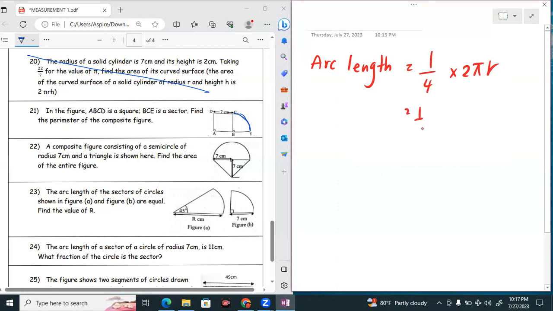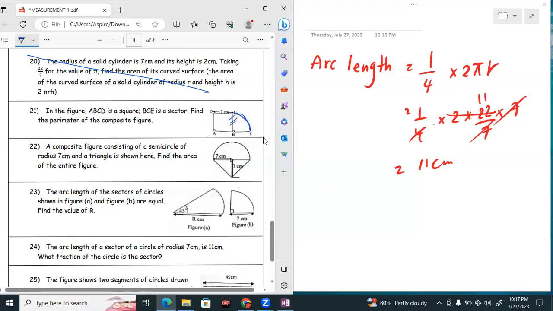Then 1/4 into 2 into 22/7 into r, which is 7. It is 11 centimeters. Then when you add, no need to add this BC part. You have to add all other straight lines. There are 4 sevens. 1, 2, 3, 4. 4 sevens are there.